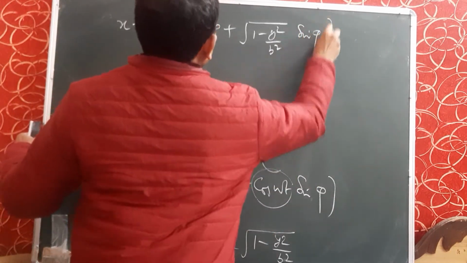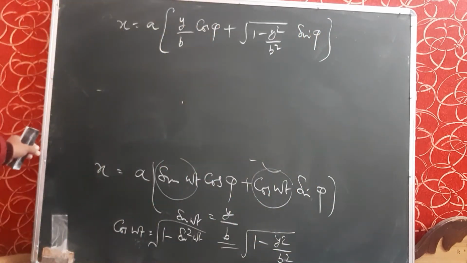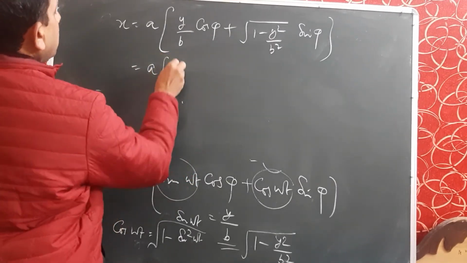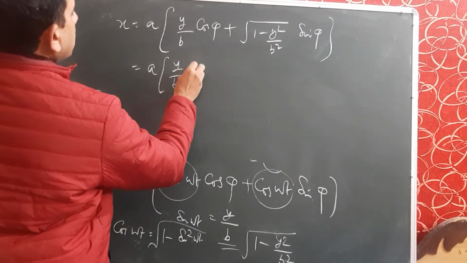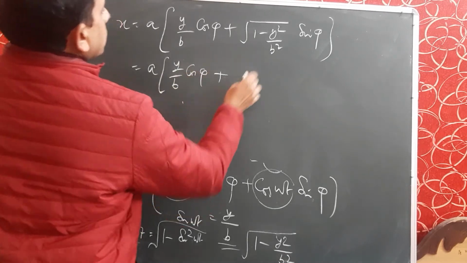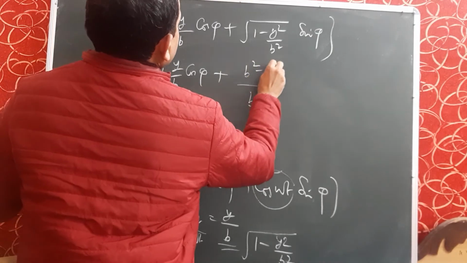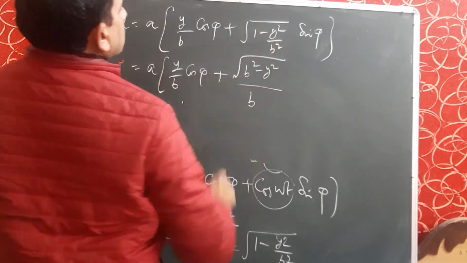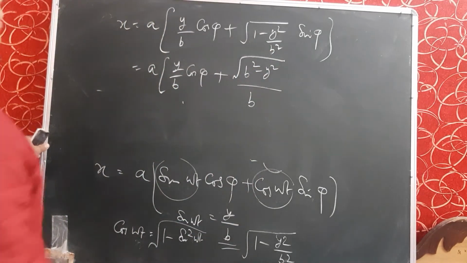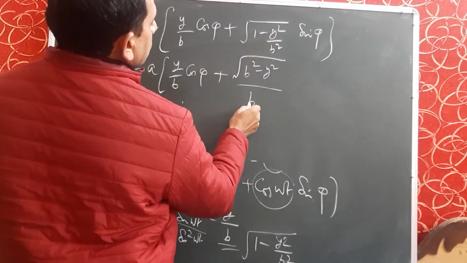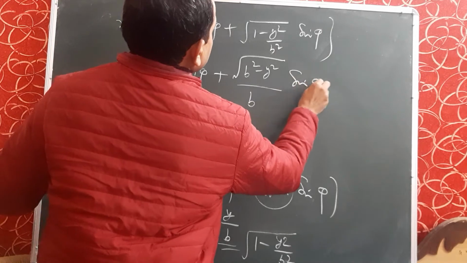This will be written as y upon b into cos phi plus under root b square minus y square, because we will take LCM, it is b square. So, b square minus y square over b square under root, that is only b, into sin phi.